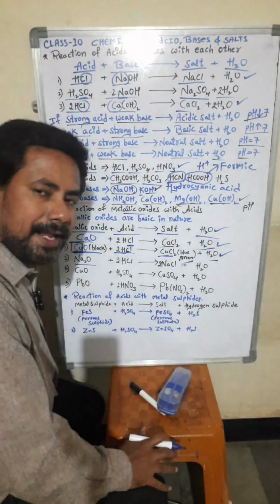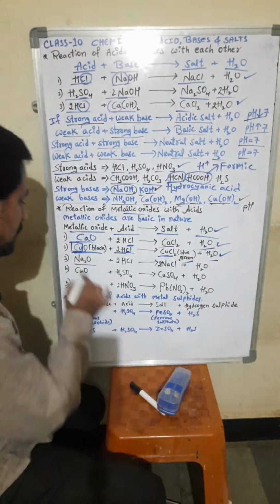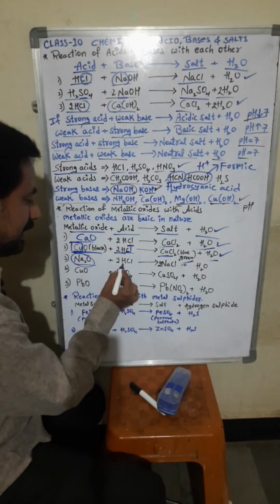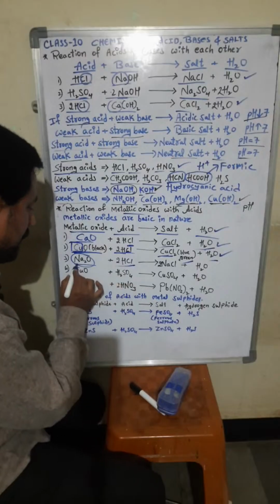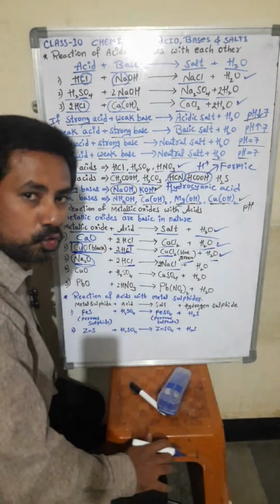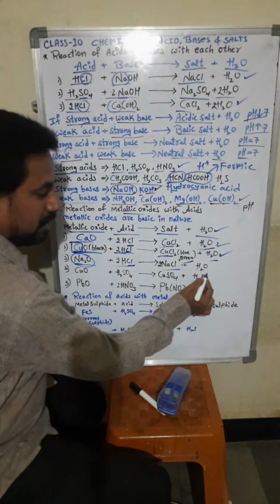Na2O, Na sodium, O oxygen, sodium oxide. It is metallic oxide. Metallic oxide is reacting with acid. So Na and Cl will combine, students. Na and Cl, NaCl will form. Sodium chloride will form. Common salt will form. And water will form.